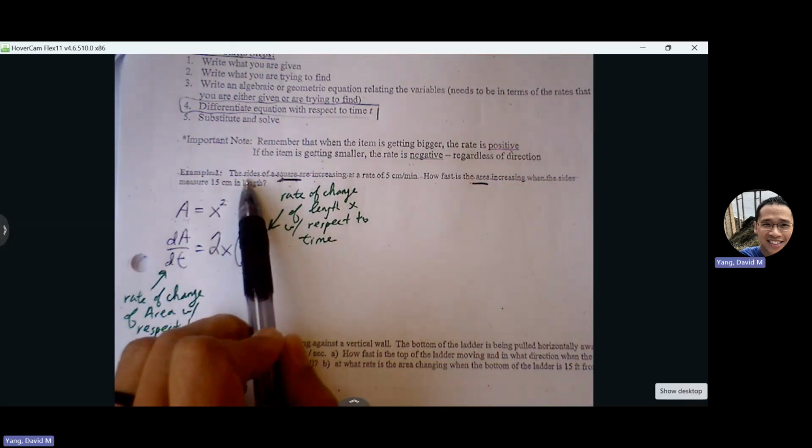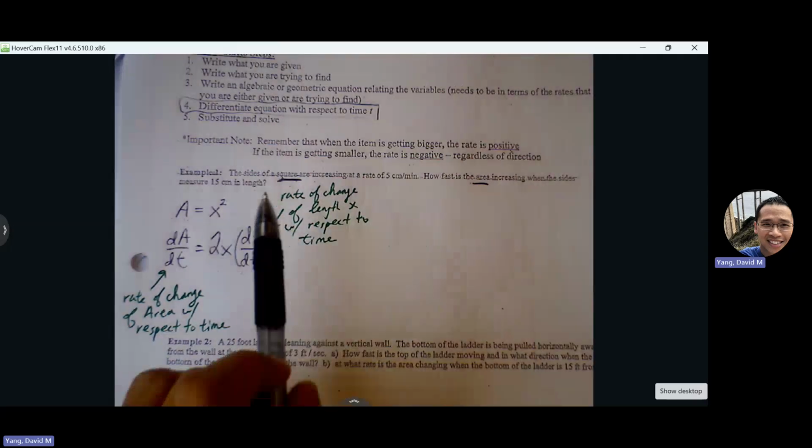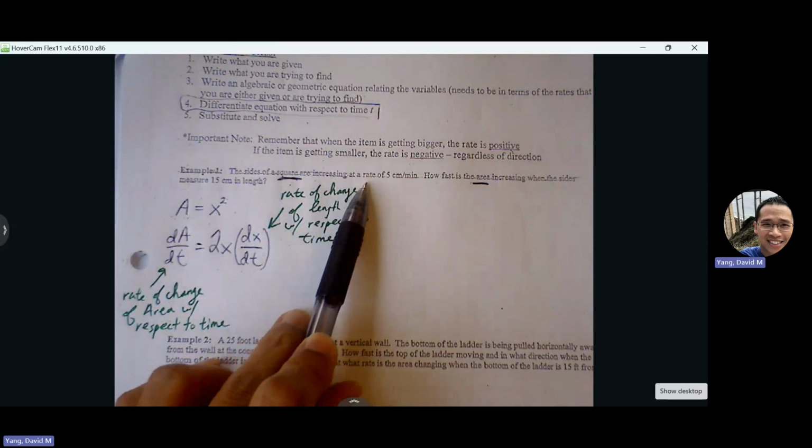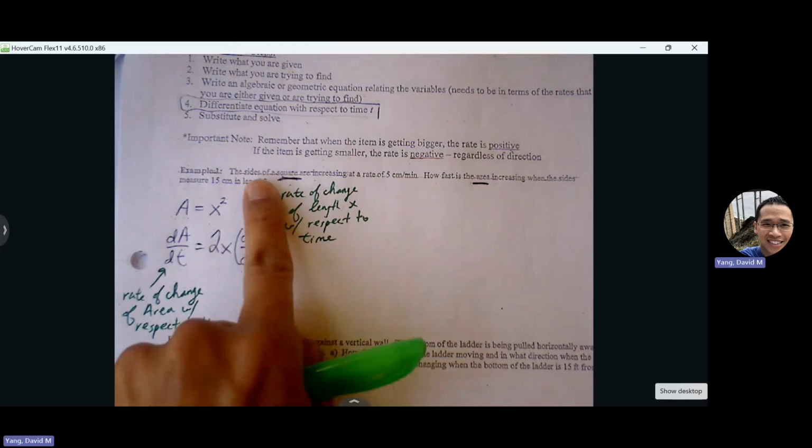All right, so let's go back and read the problem and see if we can start to assign these values to variables. The sides of a square are increasing at a rate of 5 centimeters per minute. So we know that the sides is in terms of x, but there's a movement involved, right? There's a rate involved.